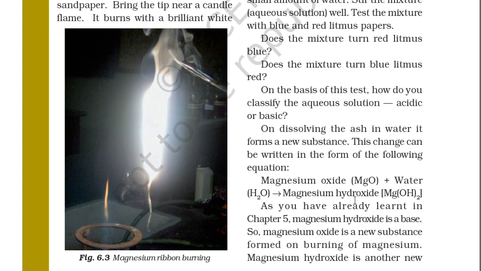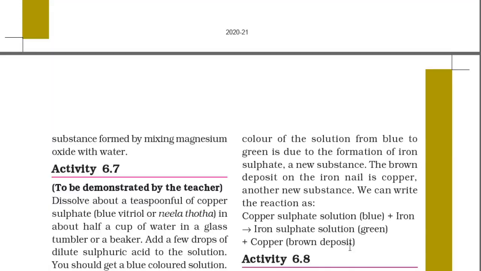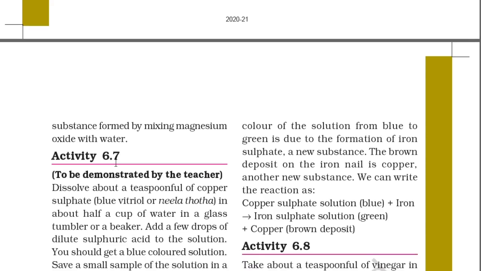As you have already learned in chapter 5, magnesium hydroxide is a base. So magnesium oxide is a new substance formed on burning of magnesium. Magnesium hydroxide is a new substance formed by mixing magnesium oxide with water.